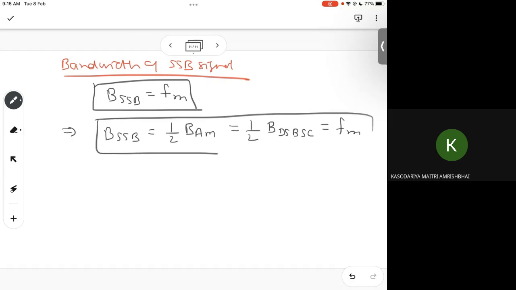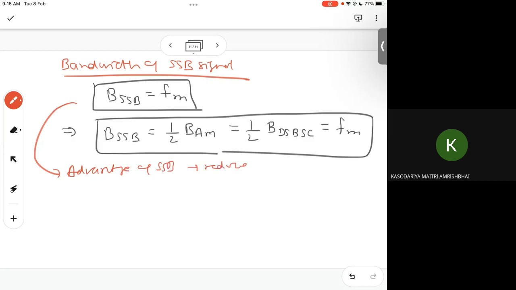So this is the main advantage. It will require half of the bandwidth. I would give this as an advantage of SSB, that it reduces the bandwidth by half that of AM or double sideband suppressed carrier, because bandwidth is a very scarce commodity. We have to fight for the bandwidth.